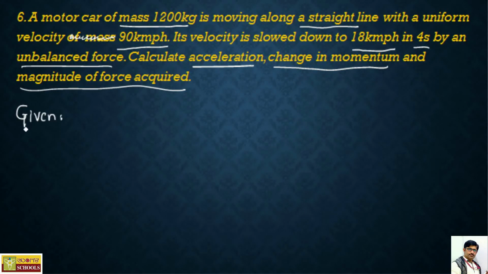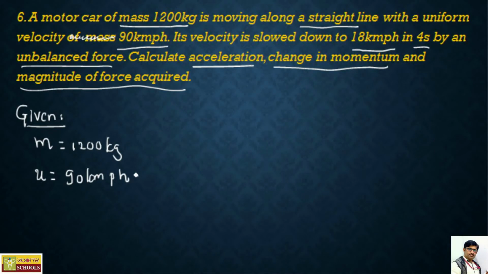Number one, M is given, mass of the car, which is 1200 kg. Then it is moving initially with a uniform velocity of 90 km per hour. It can be taken as initial velocity, 90 km per hour.